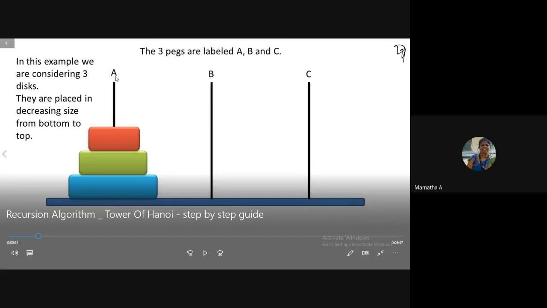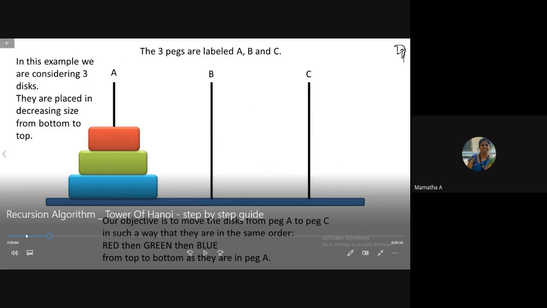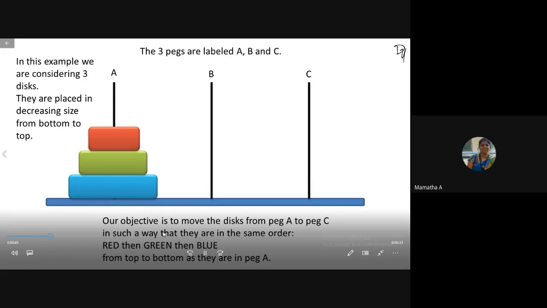Remember, A is the source, B is the auxiliary, C is the destination peg. So we have 3 discs taken, decreasing in size from bottom to top, right? So the objective for us here is to move the disc from which peg to which peg?